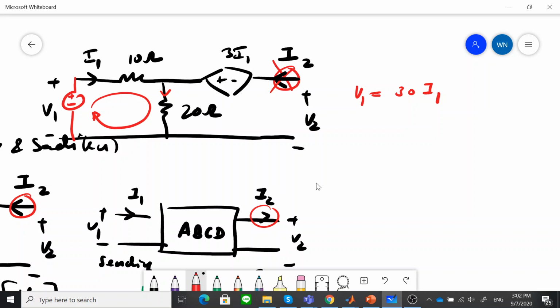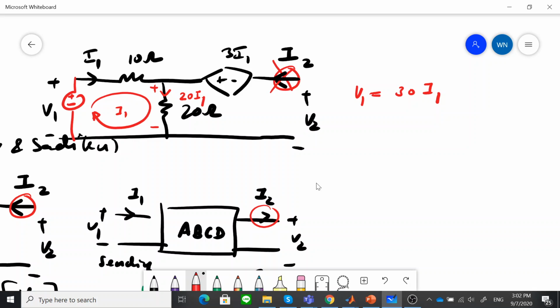The current flowing through it is I1, so the voltage drop is 20 times I1, because this is the same current flowing around this loop.